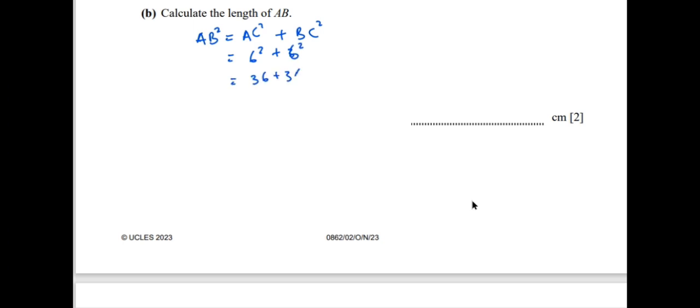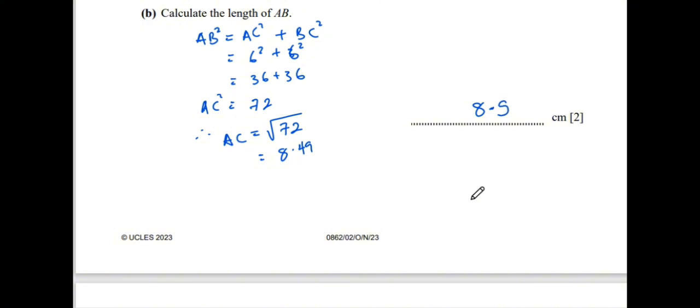That will give you 72. Therefore, AB equals the square root of 72. So when you take your square root of 72, you are going to have 8.49, which is going to be approximately 8.5.